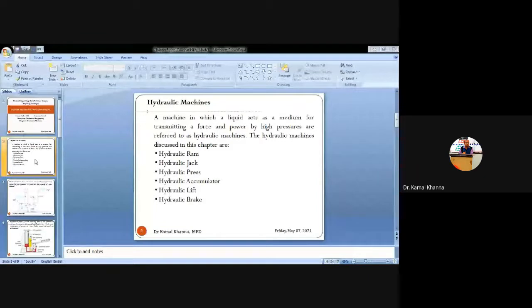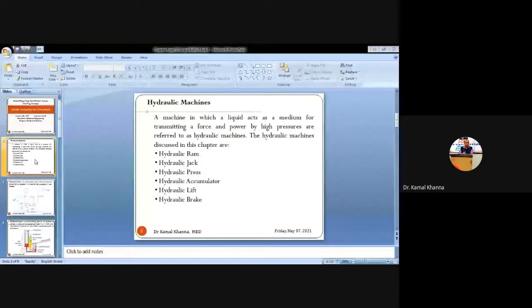So the power is transmitted with the help of a liquid, which may be water or any hydraulic oil or lubricant oil. The hydraulic machines discussed in this chapter will be the hydraulic ram, hydraulic jack, hydraulic press, hydraulic accumulator, hydraulic lift, and the hydraulic brake.